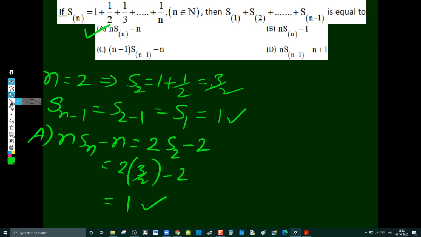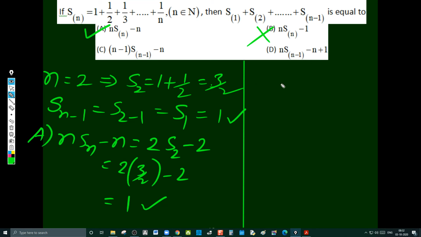And coming to options C and D. If you write n equal to 2 here, it is 2 minus 1 because you have minus n here, and I think D must be satisfied.